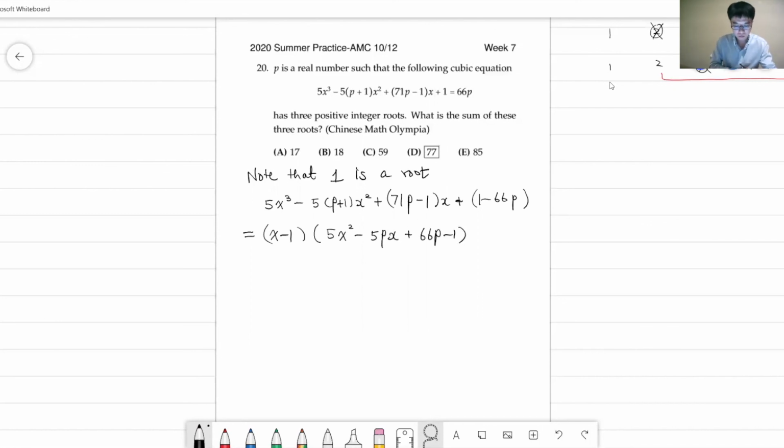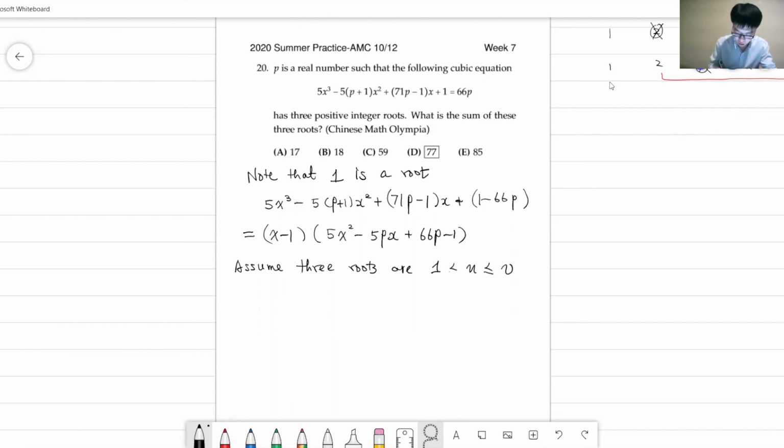Okay. All right, we can assume the 3 roots are, we already have 1 root, so 1. And the other 2 roots, let me call them u and v. Okay, we can just make an ordering. Suppose u is less equal to v, and 1 is, of course, the minimum root.